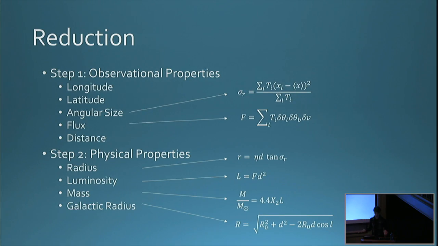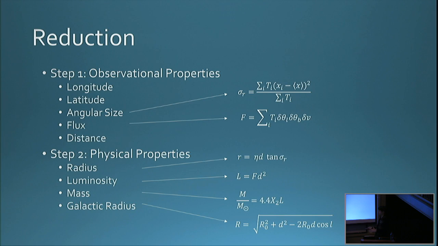So the data reduction process is as follows. The first category of properties is the observational properties. So things like latitude, longitude, the angular size and flux of the clouds, which I computed directly from the dendrogram, as well as the distances that I pulled from the Schlafly et al. catalog.